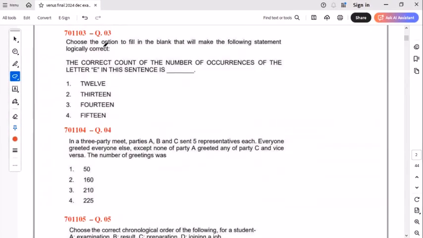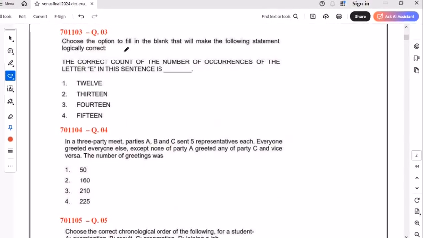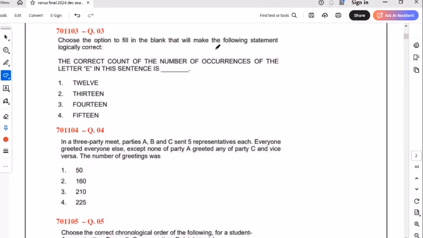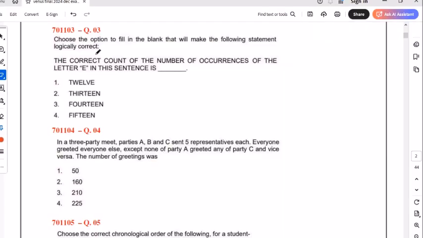Next, question number 3. Choose the option to fill in the blank that will make the following statement logically correct.